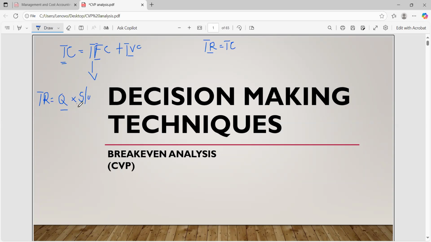We are going to represent selling price per unit by S. And then we said total variable cost is equal to quantity times variable cost per unit. So let's say variable cost per unit is Y. So I have Y and then S. Okay, so QY and then QS. So total revenue, which is Q times S, will give me QS.